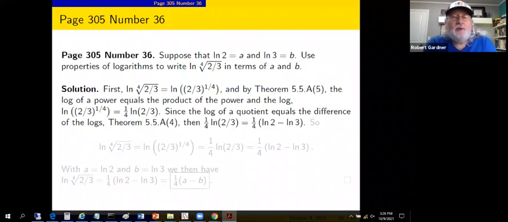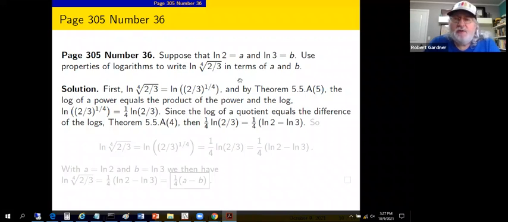Part 5. If this is too fast, pause it and go back and look at Theorem 5.5.a part 5, where you see the little exponent. We denoted it with an R coming out front as a coefficient. Of the properties of logarithms, this is kind of the most exotic in my opinion. So we get it out front as a coefficient.